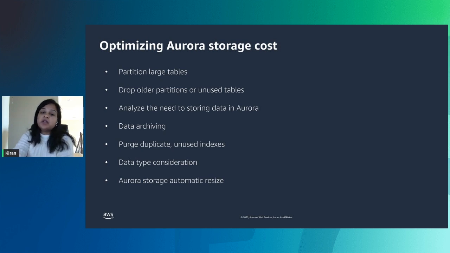Purging unused data and indexes are also important things that can help you with optimizing the cost. And the other one is data type consideration. Data type consideration is also an important way that gives you a significant amount of storage cost saving.